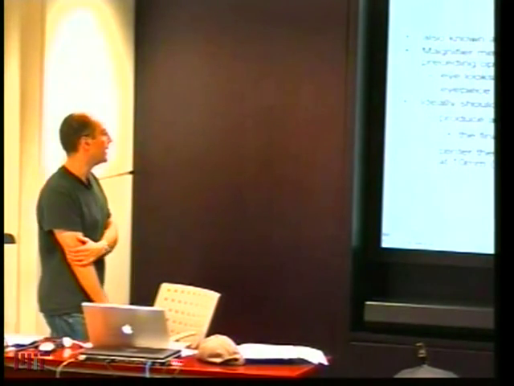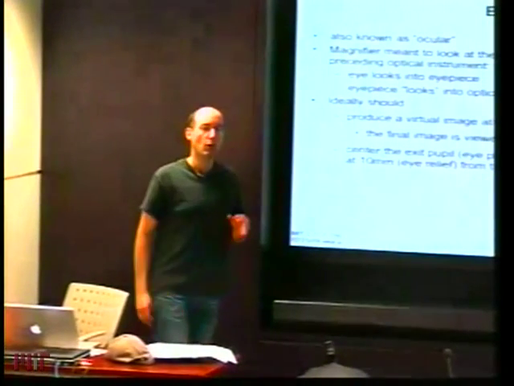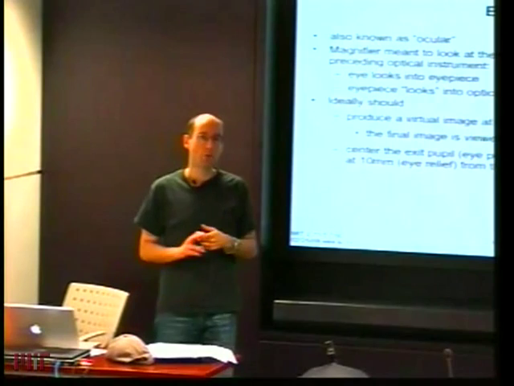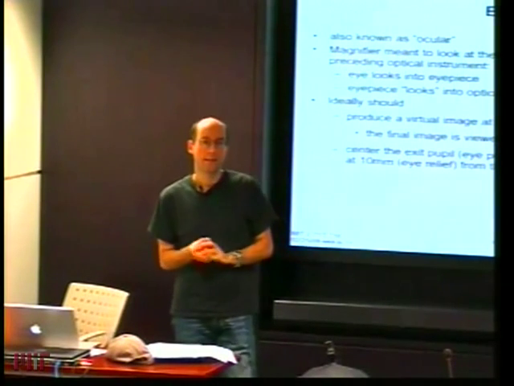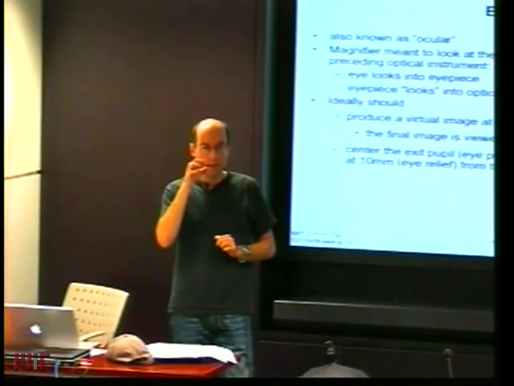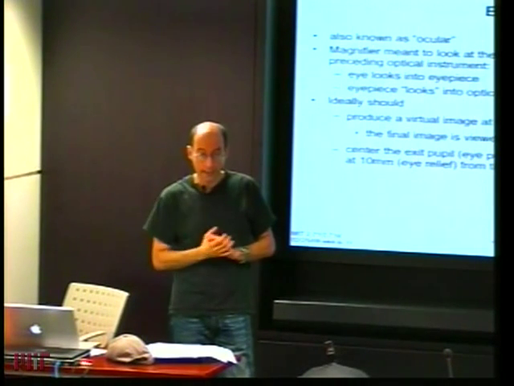The next element is actually the same. It is not different than the magnifier, but it comes under the name eyepiece because in optical instruments such as binoculars, telescopes, microscopes, and the like, this is the last lens that you look into the instrument with your naked eye.